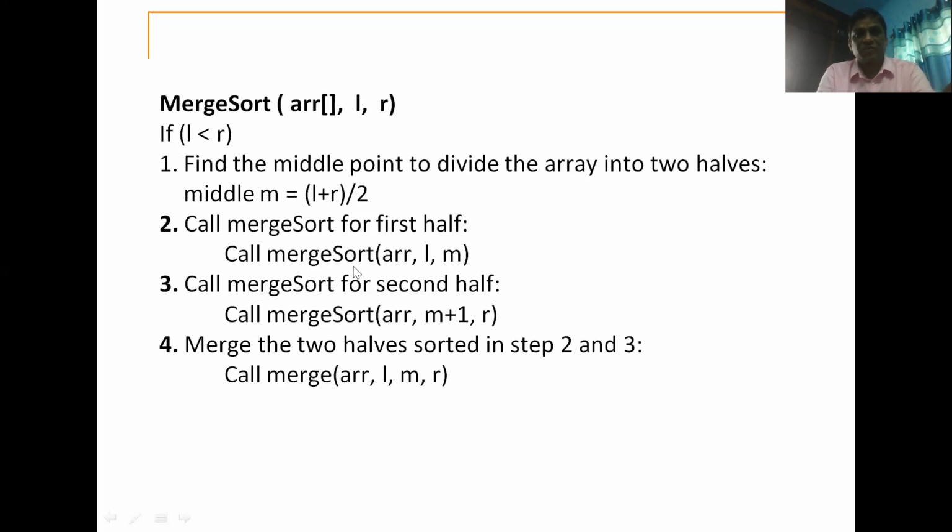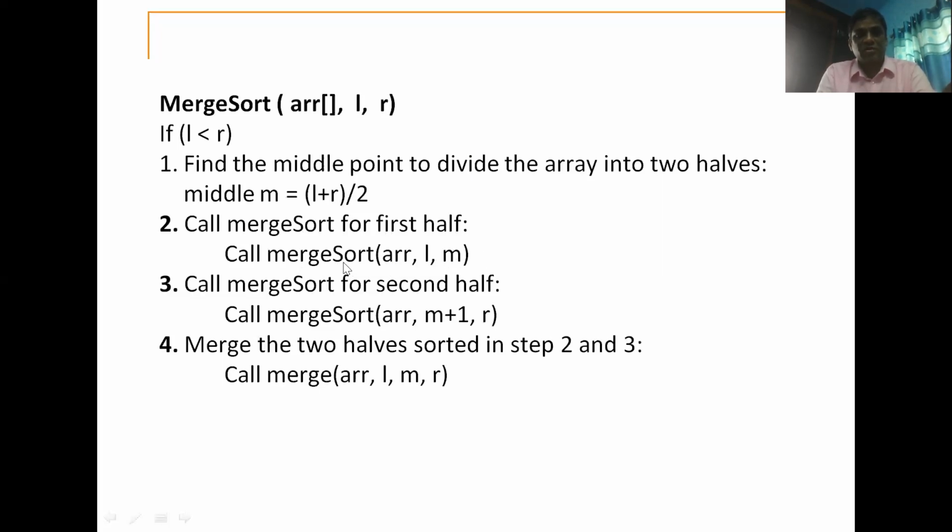So we call the same function to sort the first half. How do you mention that the first half needs to be sorted? We again pass the array name, comma, the left index which is the same, comma, and we send this middle index. So L to M is the array now which we are passing to merge sort. We are not sending the entire array, we are sending the first half.